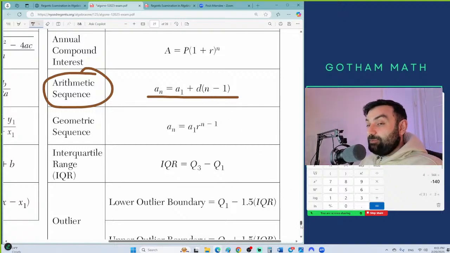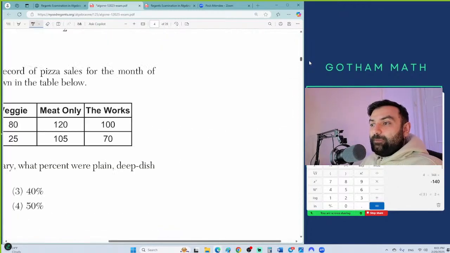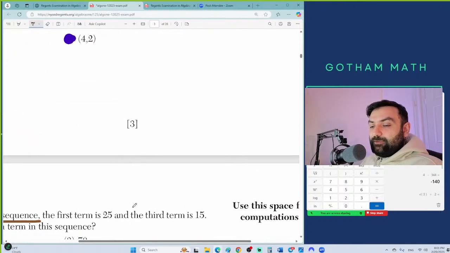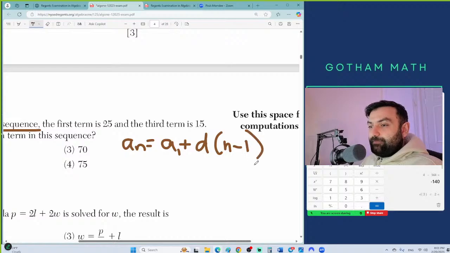You don't have to, but you kind of want to have it in front of you. So you go back and write it down: AN equals A1 plus D times N minus 1.